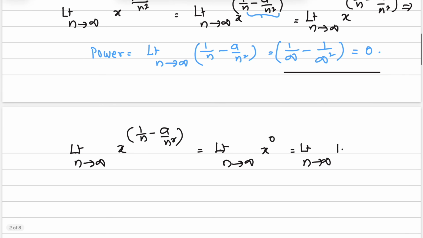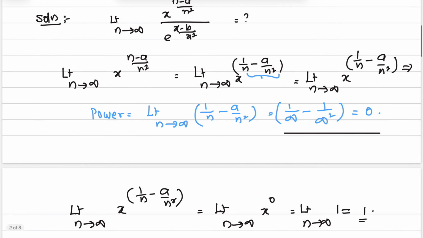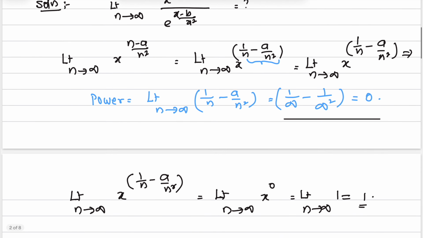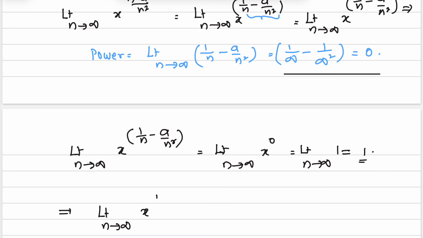That means for any value of n, the value of the numerator is equal to 1. Hence, limit n tends to infinity of x to the power of (1 by n minus a by n square) is equal to 1. That is the numerator value.